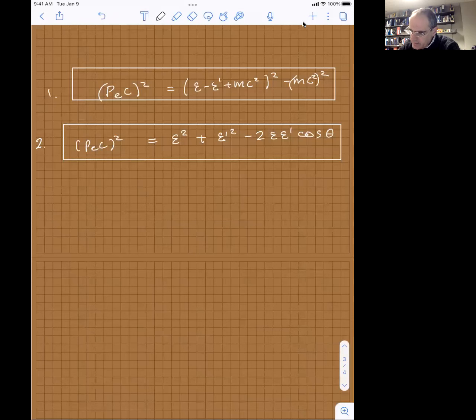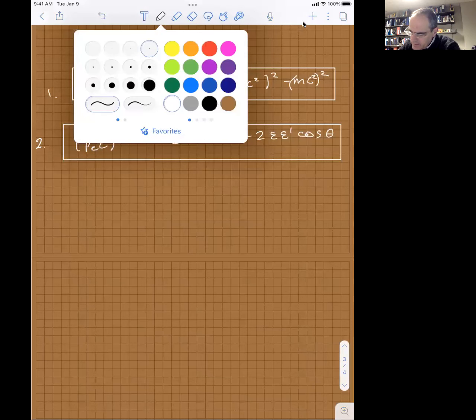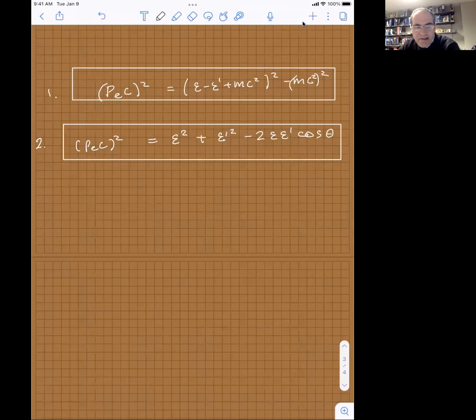Starting with equation 2, we have E squared plus E prime squared minus 2EE prime cosine theta. And that has to equal E minus E prime plus mc squared, quantity squared, minus mc squared, quantity squared itself. Let's expand the right-hand side of that equation.